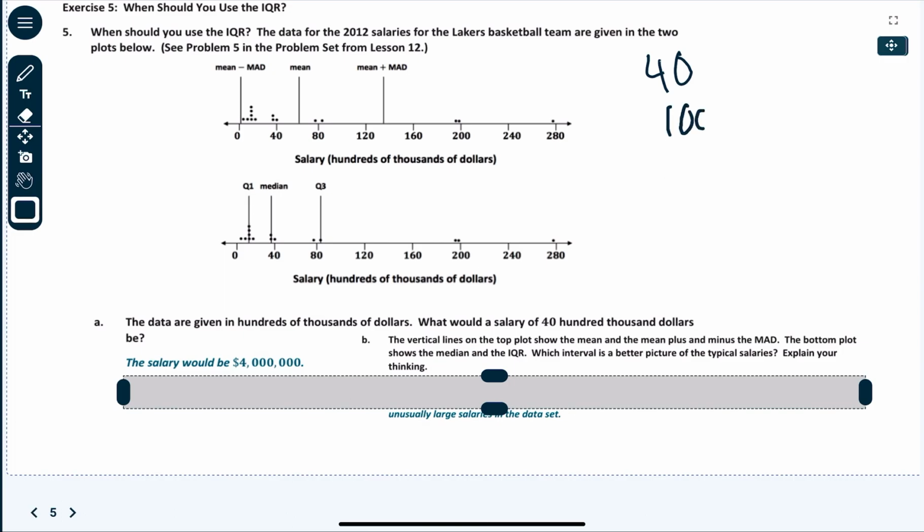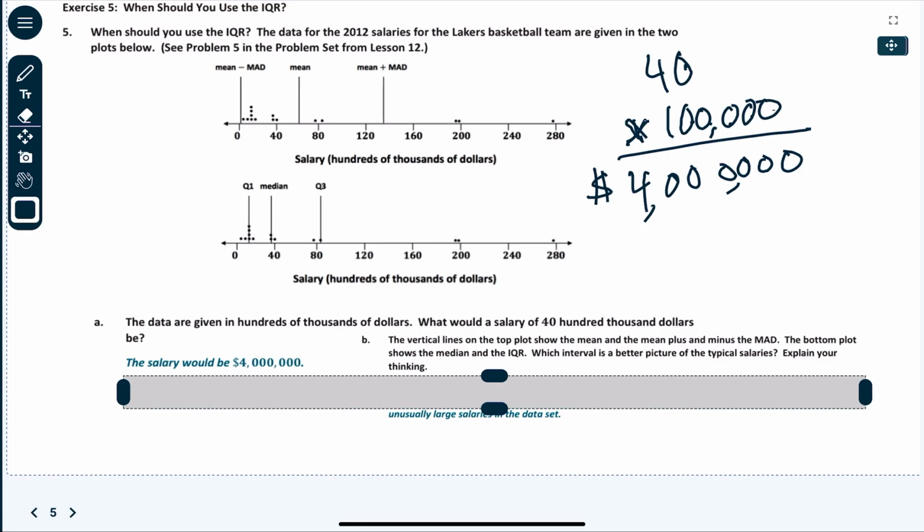So we would just multiply those. All we have to do is say 4 times 1, that's 4, and just add all the zeros. 1, 2, 3, 4, 5, 6. I put too many. There should only be 6 zeros. So that would be $4 million.